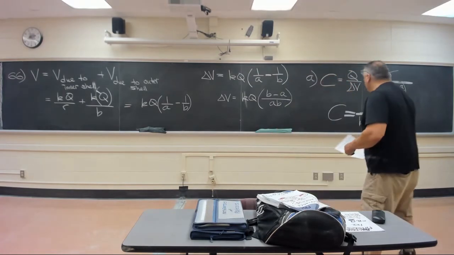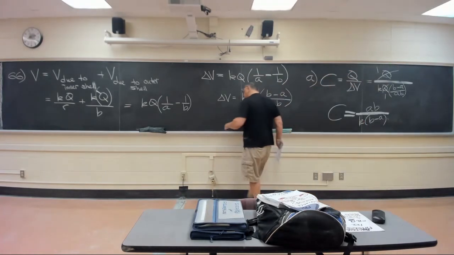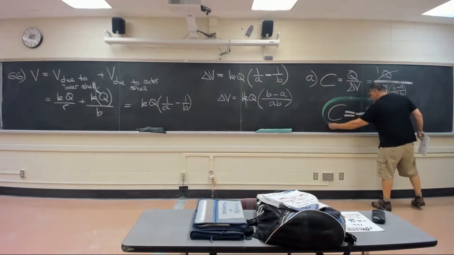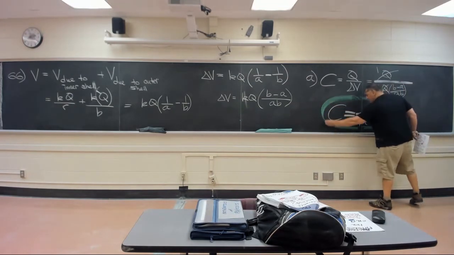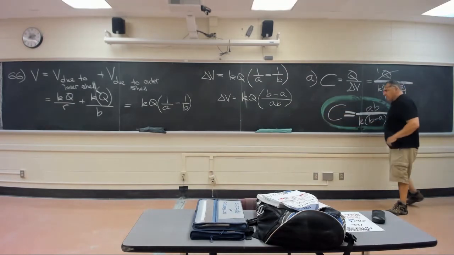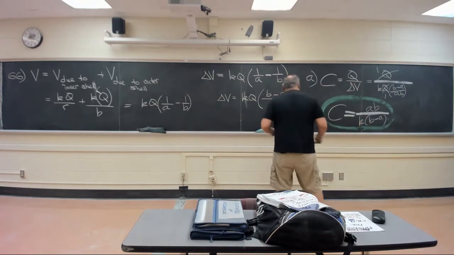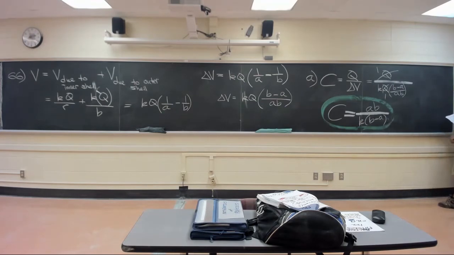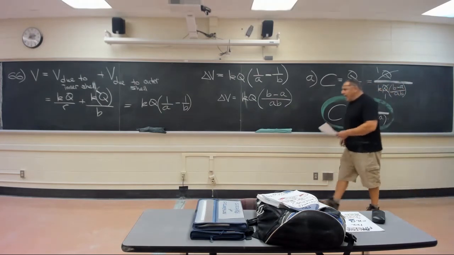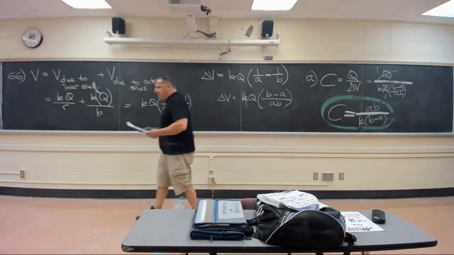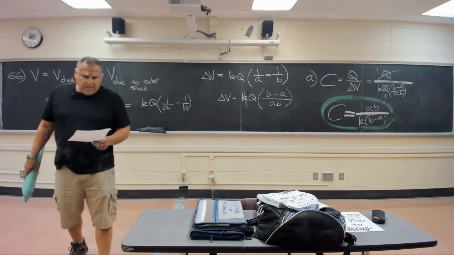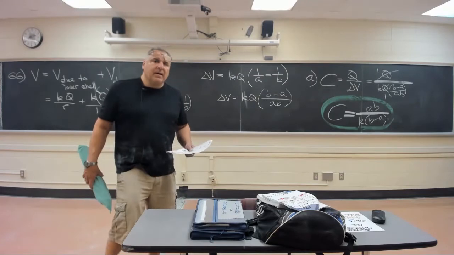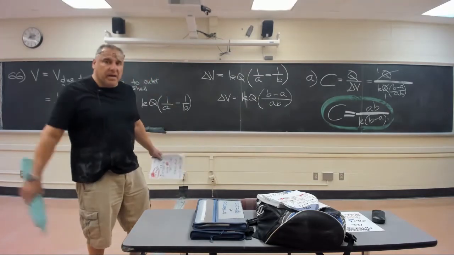That's interesting. So, what do you say? Well, you could do a bunch of things here. For B, they're saying what happens if A stays the radius that it's at, and B becomes very, very, very big.